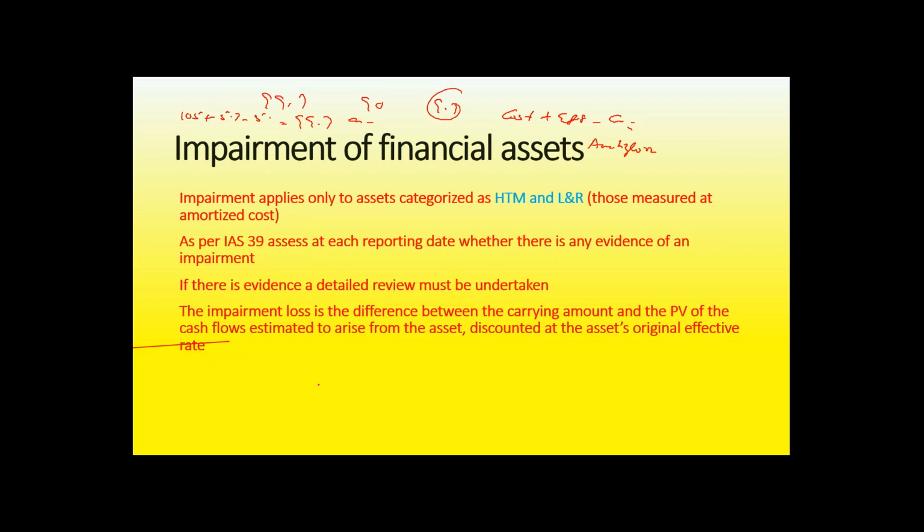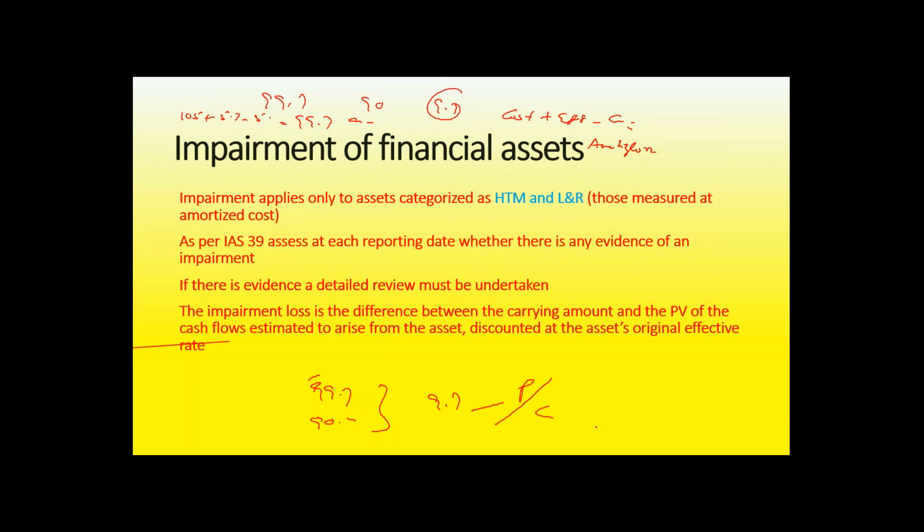So 99.7 is the carrying value. 90 is the present value of all what you are going to get. Maybe in 2017 you will get some money, 2018 some money, 2019 some money. The present value of all that is 90. But your present asset is appearing at 99.7. That 9.7 must be charged to the P&L immediately.